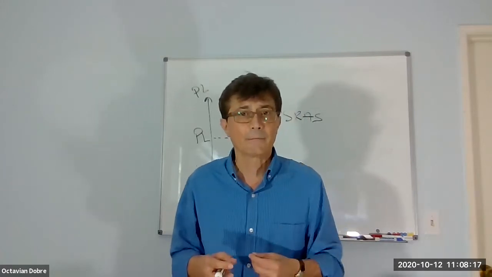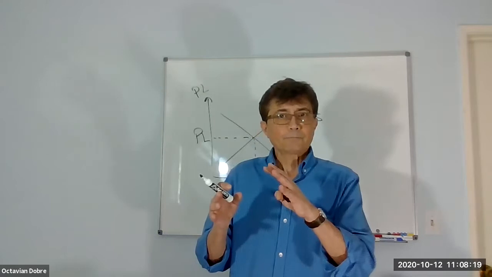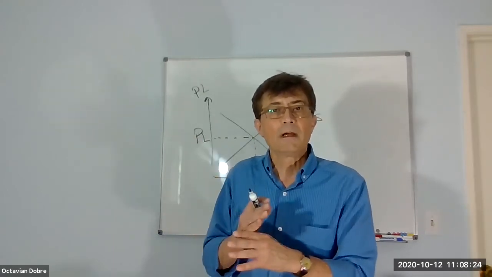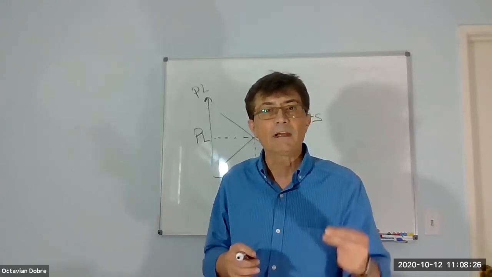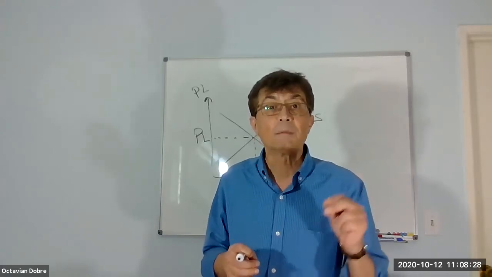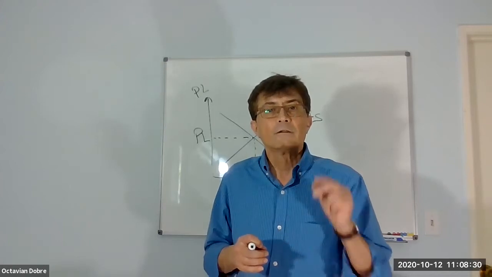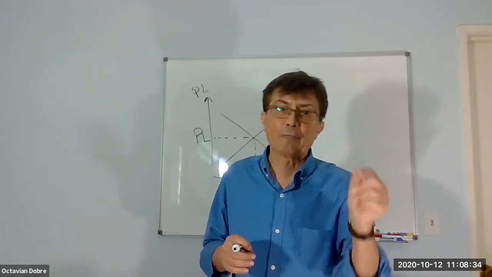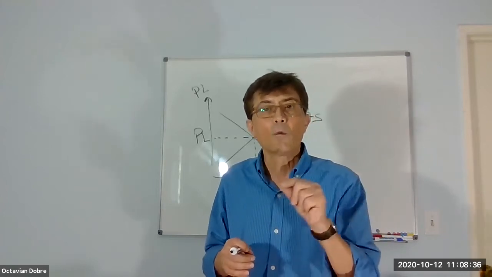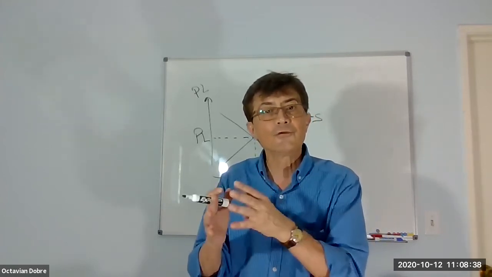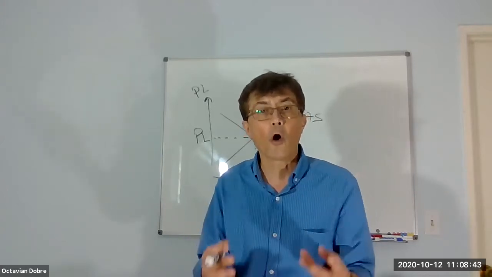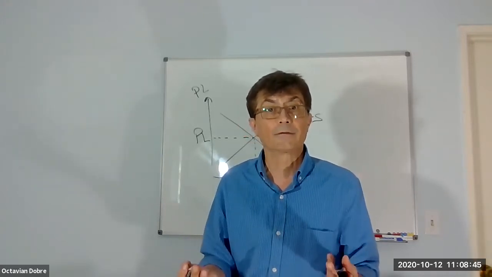But here's the thing. Just because we have an equilibrium doesn't mean that the economy is operating where it should be operating. So to determine whether the economy is at full employment or not, we're going to have to introduce a new graph. And that new graph is the long run aggregate supply curve.